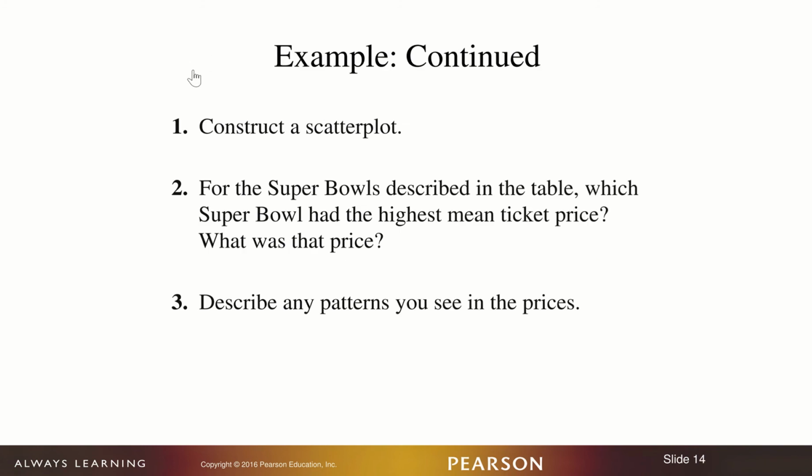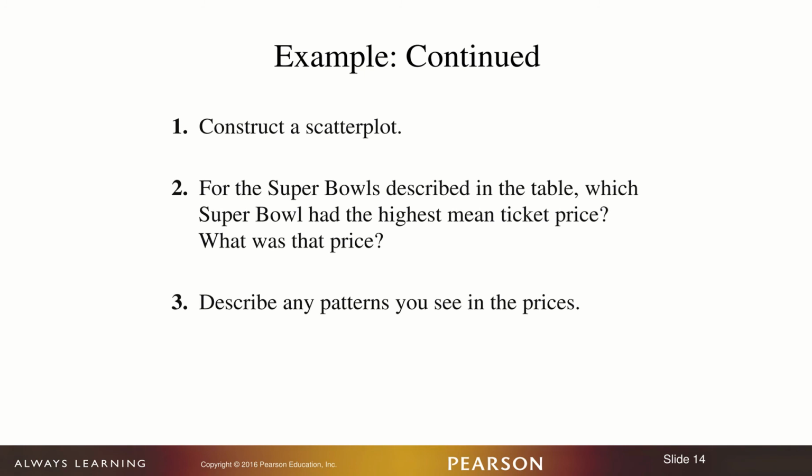So for this data, we're going to construct the scatter plot. We're going to find the Super Bowl that corresponded to the highest mean ticket price, and what the price was, and then we're going to describe any patterns that we see.